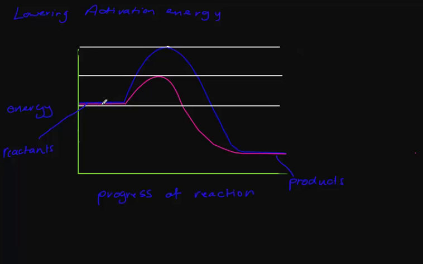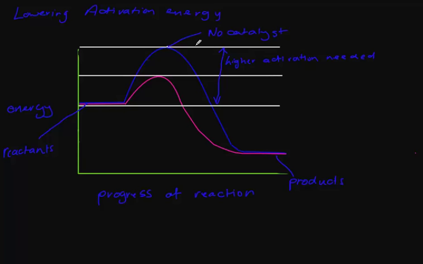So we can see with the blue curve there's much more energy needed, and this is when there is no catalyst. So what that shows us is there is a higher activation energy needed for the reaction to proceed.